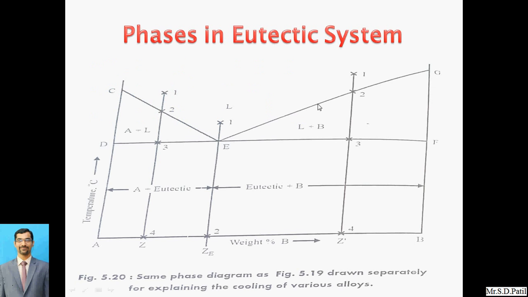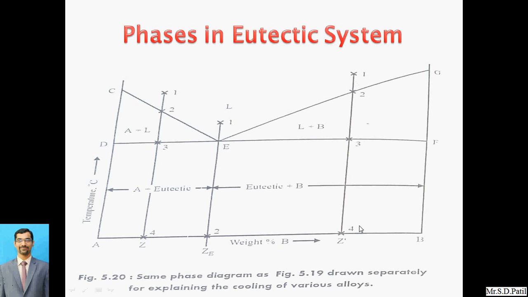We will study which kinds of changes occur along each line. This is for the hypoeutectic, this is for the eutectic, and this is for the hypereutectic alloy. I hope you have understood these three terms: what is the hypoeutectic, what is the hypereutectic, and what is the eutectic. This is the hypoeutectic, this is the eutectic, and this is the hypereutectic.